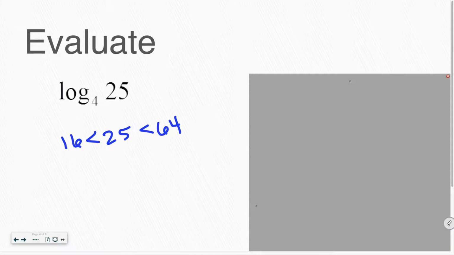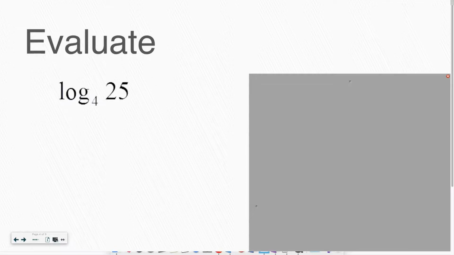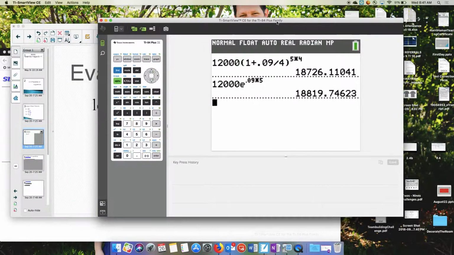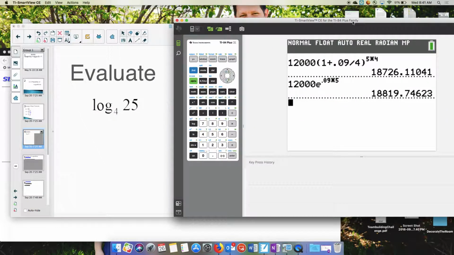Okay? So in your calculator, what you would need to do is type in log of 25 divided by log of 4.